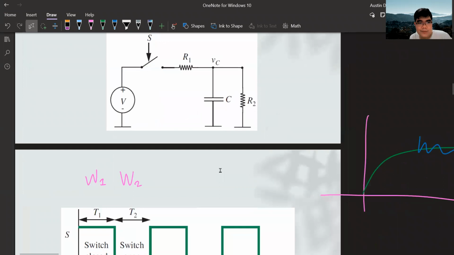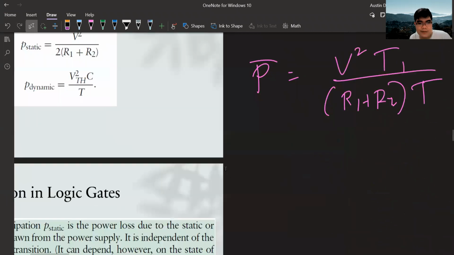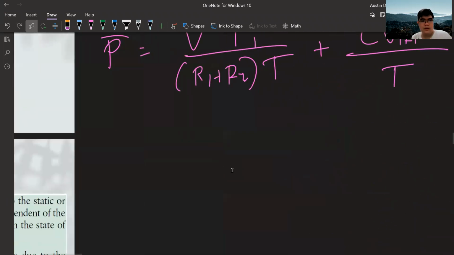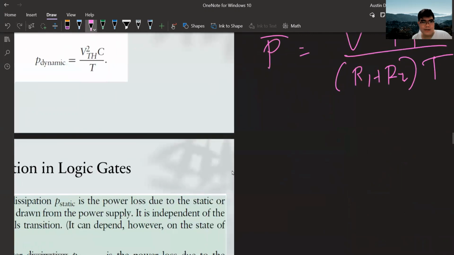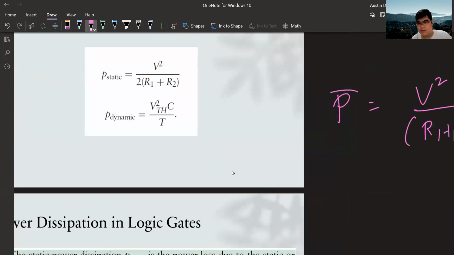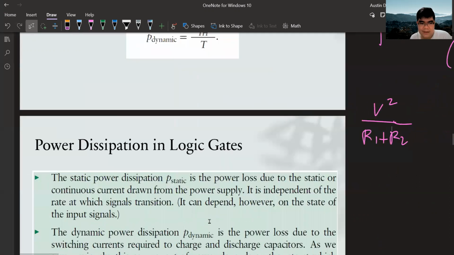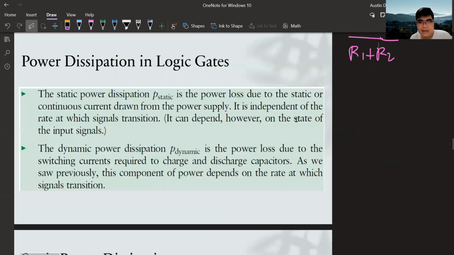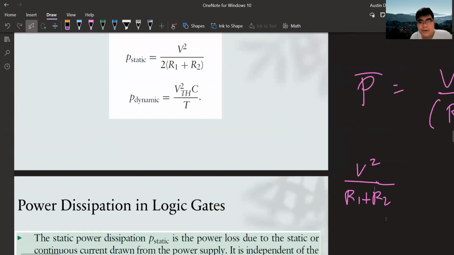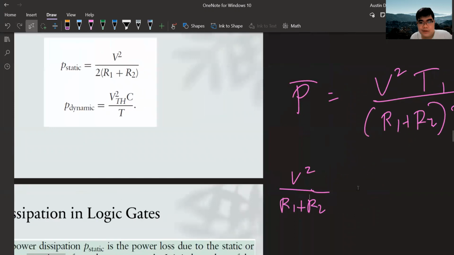So, V squared over R, total R is R1 plus R2. Tinatry ko lang kung mag-apply kaya to, kasi approximation tong ginagawa dito. Pero, ayan, try natin dito.